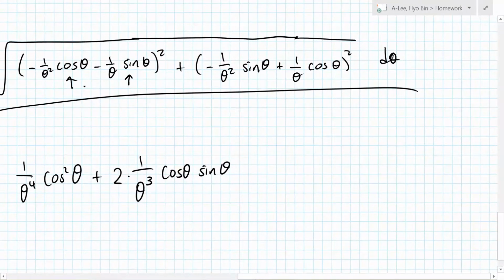That's a multiple sign right there, and plus a square root of this term: 1 over theta squared sine squared theta.